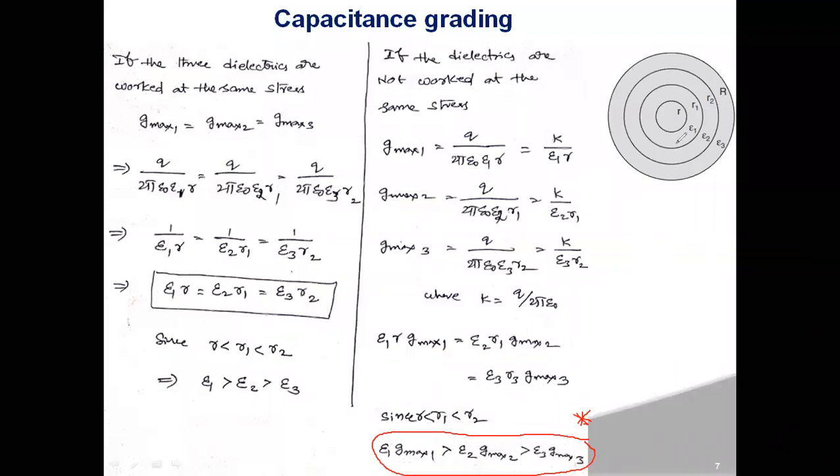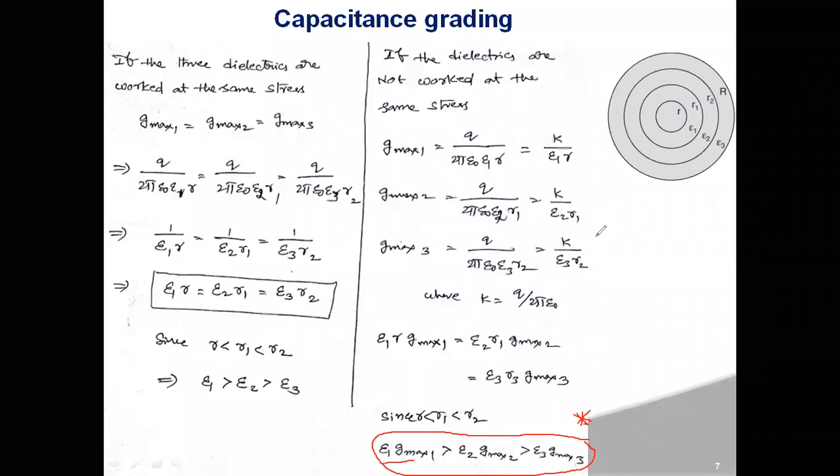So you have to place the insulating materials in such a way that the product of permittivity and maximum dielectric strength of that material will be greater, and that should be placed near the conductor.